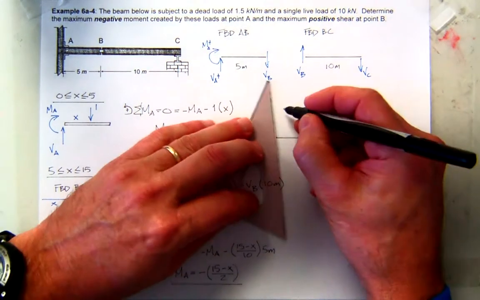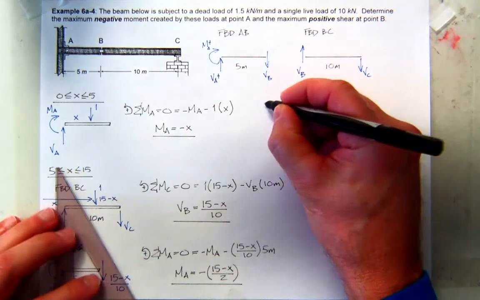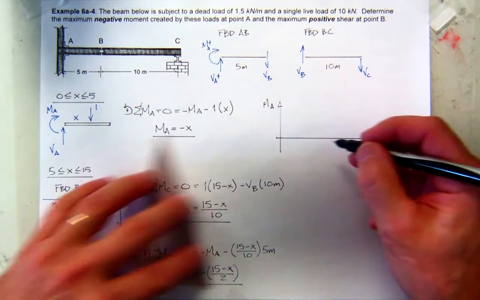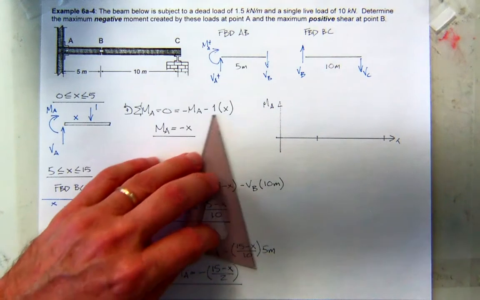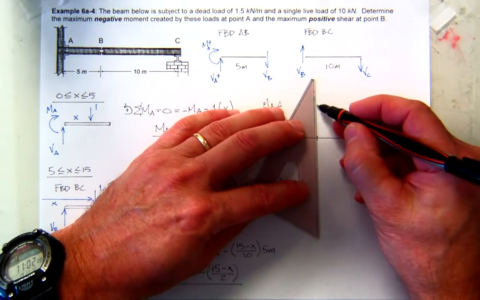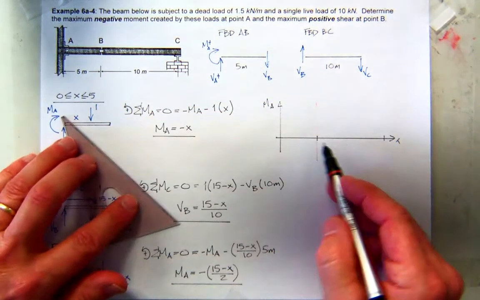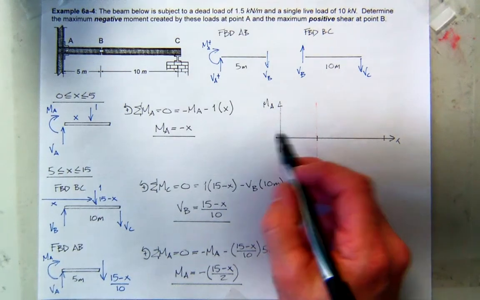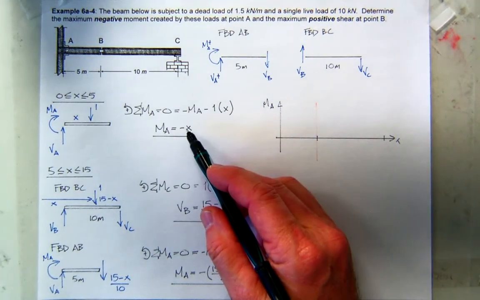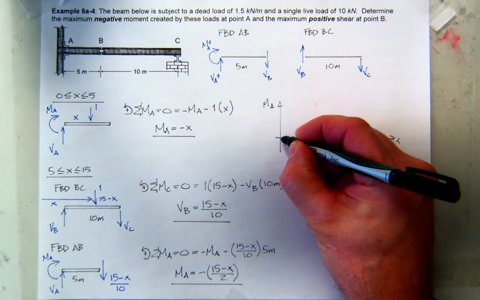So x, moment at A, I've got to worry about 5 and then 15. Remember, I'm going to have a different equation from 0 to 5 and another one from 5 to 15. So from 0 to 5, it's this. At x equals 0, I get 0.